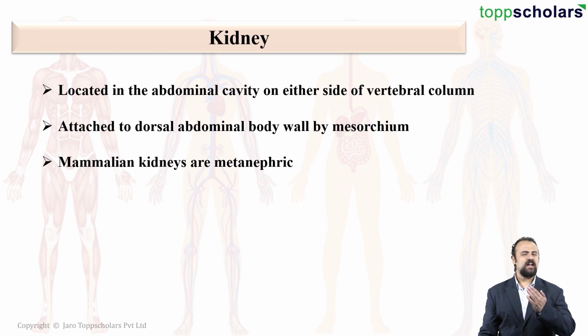Whereas in highly developed organisms like human beings, the kidneys are also highly developed and they are called metanephric kidneys. So the three types based upon evolution and development are pronephric kidneys, mesonephric kidneys and metanephric kidneys.